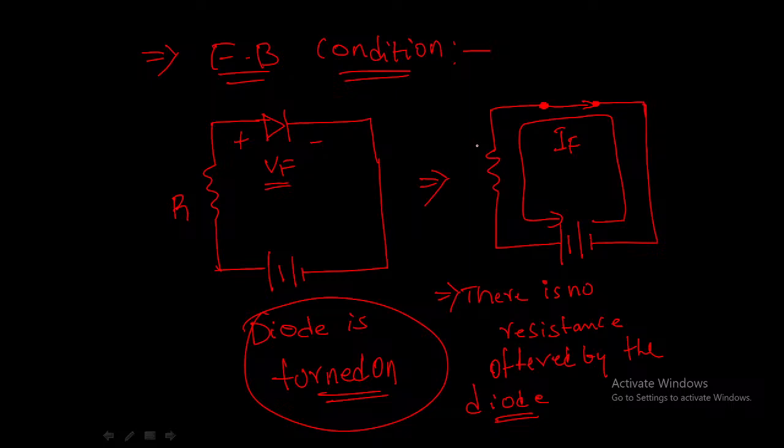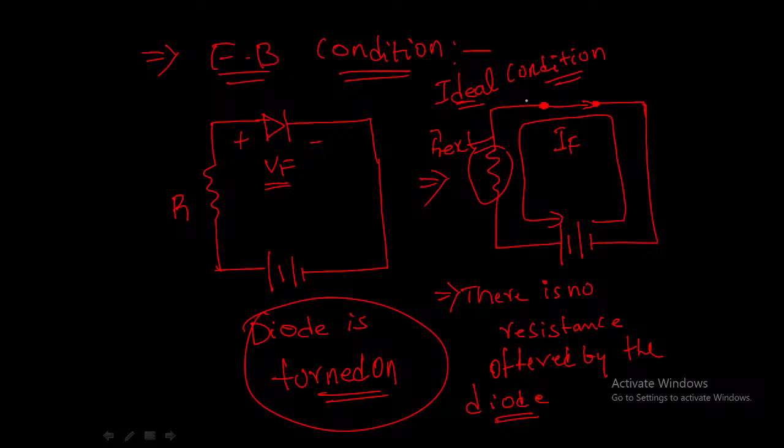There is some external resistor which is present. This we have kept externally, but the diode is not offering any resistance to this current which is flowing through the diode. In which condition? It is an ideal condition. This is the ideal approximation model. In the ideal approximation model, the diode is not at all offering any resistance to our forward current.